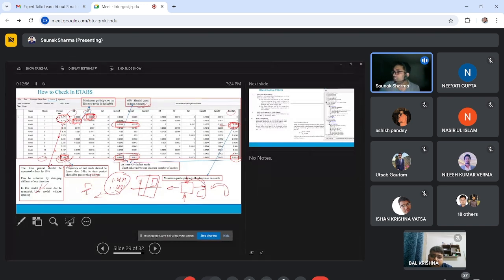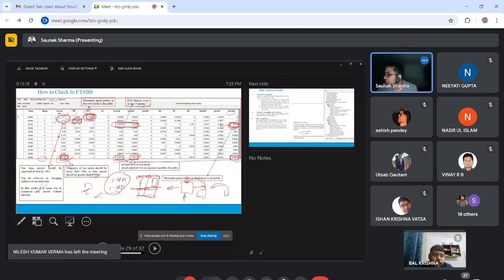If we are not able to make this difference, we can stiffen one direction more. We can use rectangular columns in one direction, then it becomes stiffer in one direction, and this time period will obviously change. Otherwise, we can increase or decrease the beam depth in one direction.